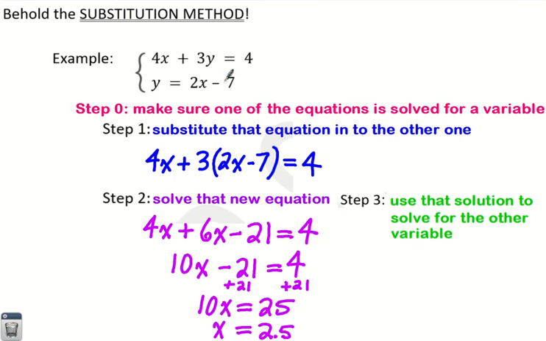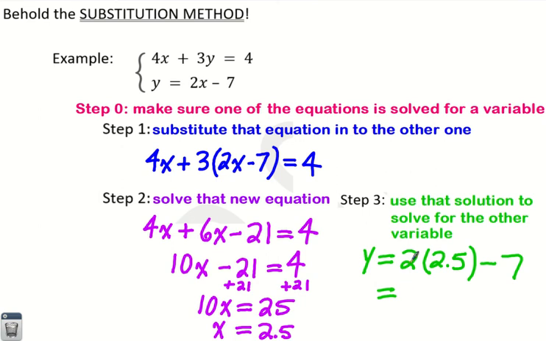So I'm going to go with the fact that y literally equals 2 times x minus 7, but now I know that x is actually 2.5. So y equals 2 times what I just realized was 2.5 minus 7. It's this second equation, but now we know x is 2.5.